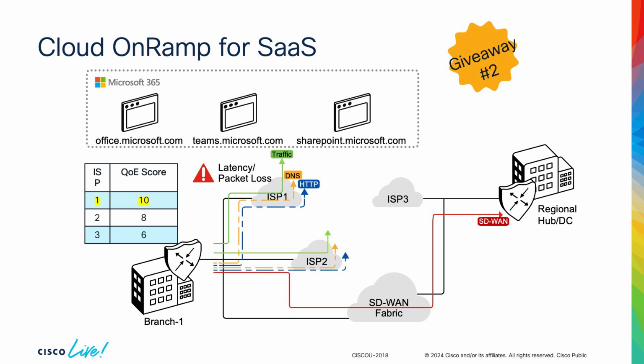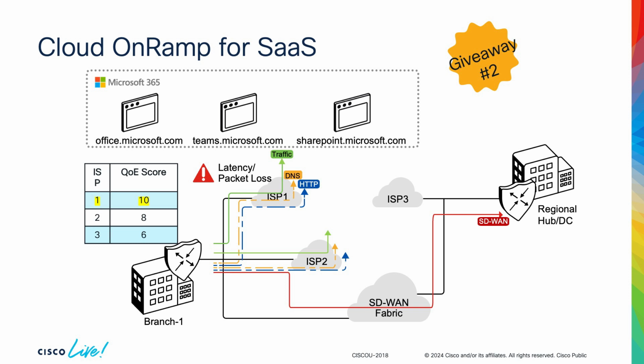Suddenly, this guy, ISP2, started giving me a 10. Well, that may be load balancing, both of them are 10. Or maybe the other guy just dropped, depending on latency, packet loss, and those different factors. The quality of experience is being measured. Okay, fine, so the traffic is being pushed. And if at any time a packet is lost or there's higher latency, you know what's going to happen? The other path is going to be chosen.